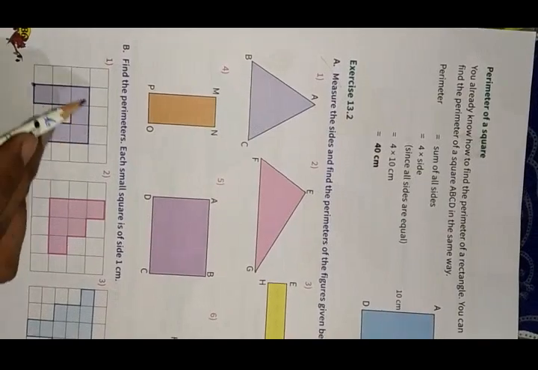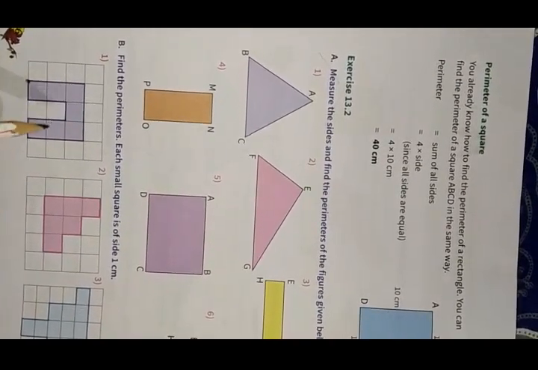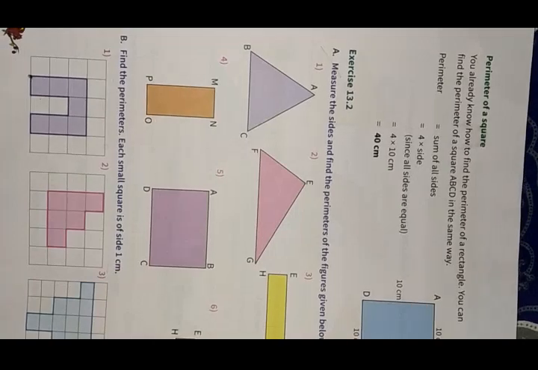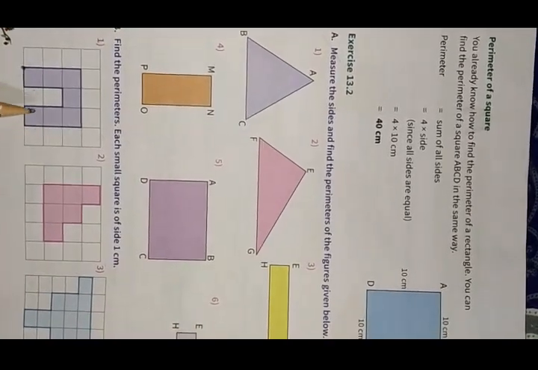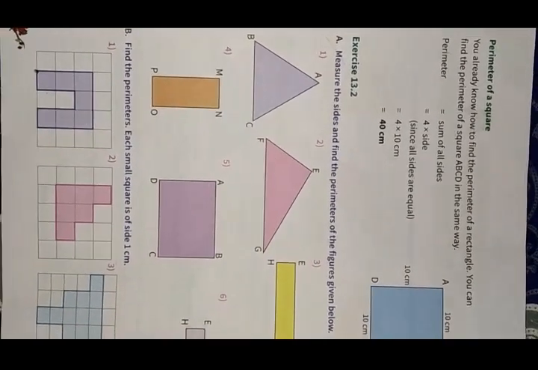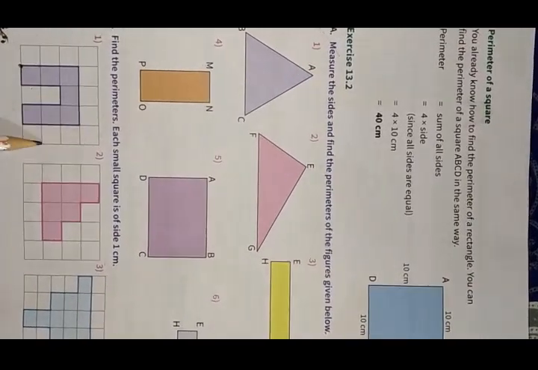There are 15 such small sides in this figure. So one side is equal to 1 centimeter, so 15 sides is equal to 15 centimeter. So the perimeter of this figure is 15 centimeter. You have to do this yourself in your notebook.